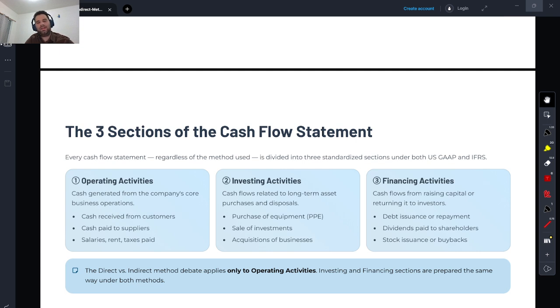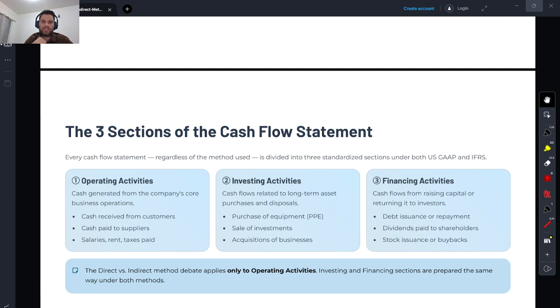Second, we have investing activities. These relate to long-term assets and investments, such as purchasing equipment, selling investments, or acquiring businesses. Third is financing activities. These involve raising capital or returning capital to investors, such as debt issuance, debt repayment, dividends, and share buybacks.